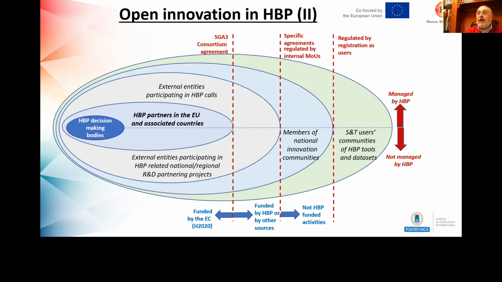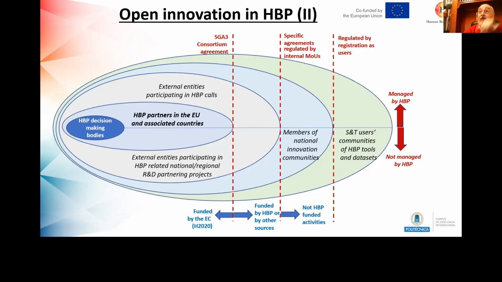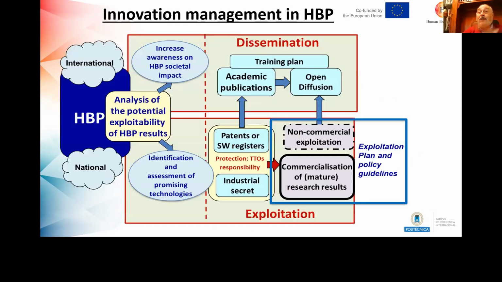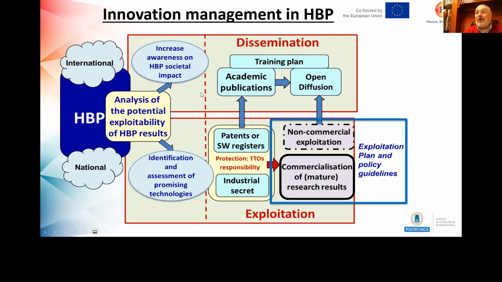That's the situation. Obviously we have tried to do that. Now we will need to know how to manage the exploitation of the results in this context. I don't like to explain that because it is part of my colleague's work, but we are trying to identify the exploitability of HBP results.